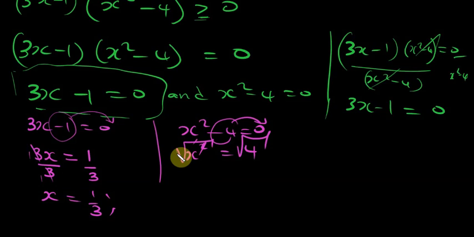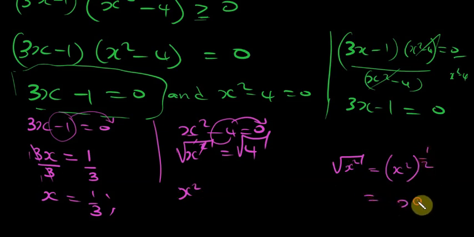How does that happen, you say? Alright, this is how it happens. The square root of x squared is the same thing as writing x squared to the power 1/2.